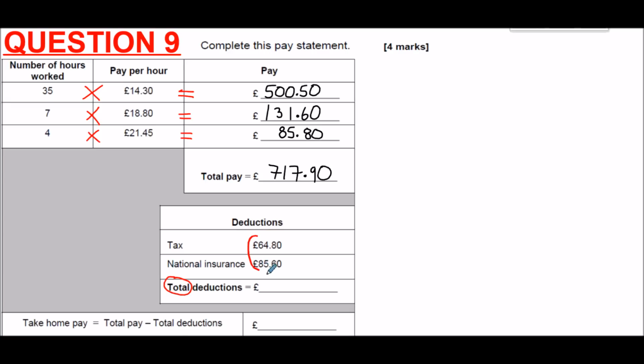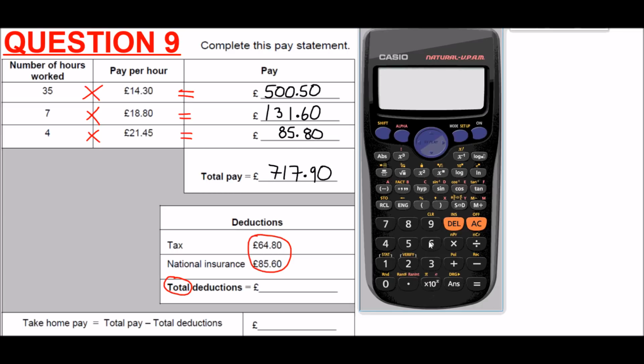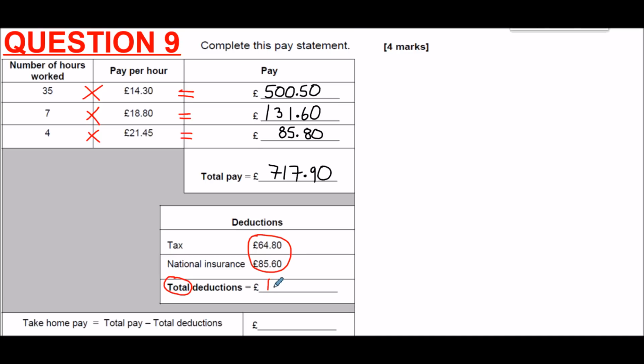That just means the total of these two values here. It's got nothing to do with this yet. So the total deductions will be £64.80 plus £85.60, and that comes to a total of £150.40 of deductions.